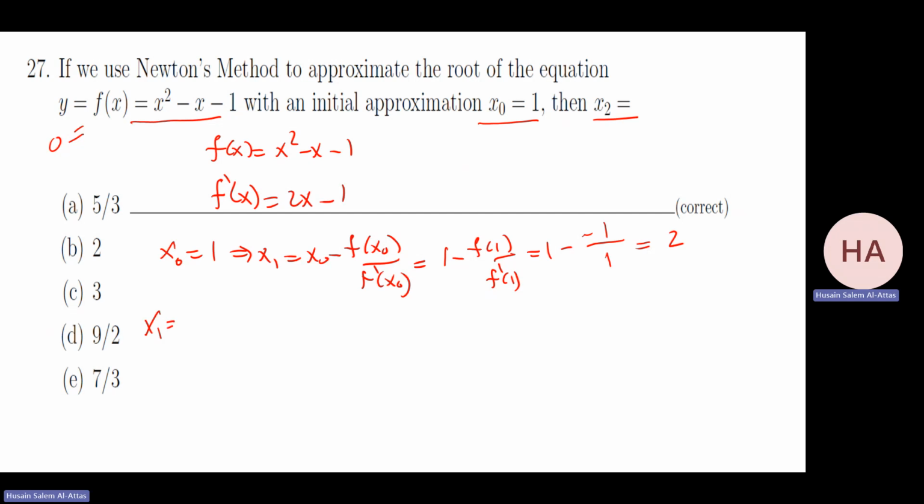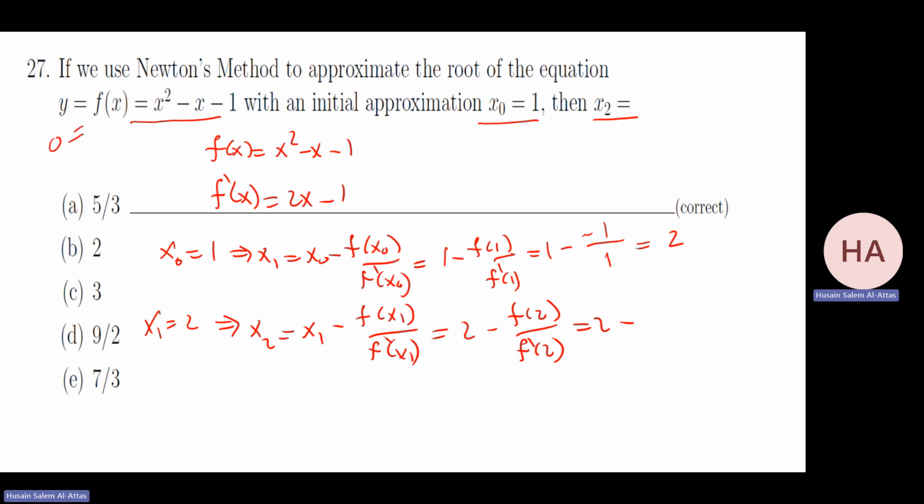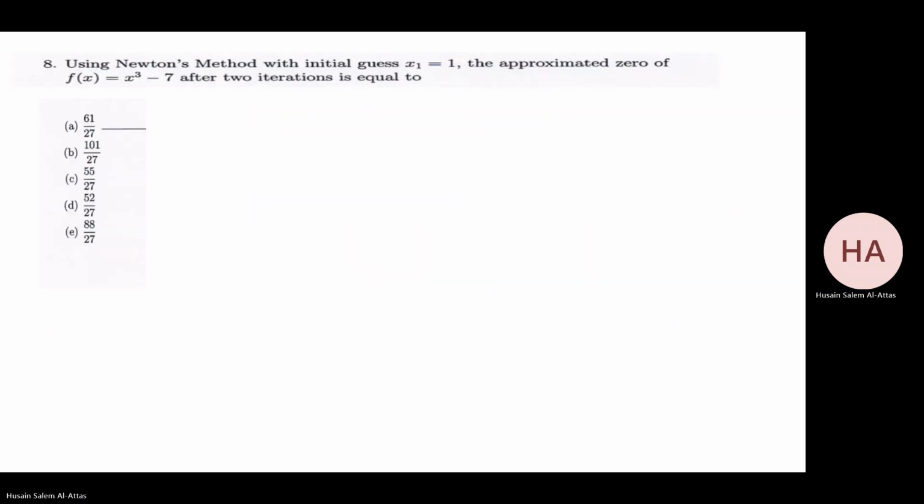Now x1 equals 2, so x2 equals x1 minus f of x1 over f prime at x1. That will be 2 minus f of 2 over f prime at 2. f of 2 is 4 minus 2 minus 1, that is 1, over 4 minus 1, this is 3. So that will be 6 minus 1, which is 5 over 3.